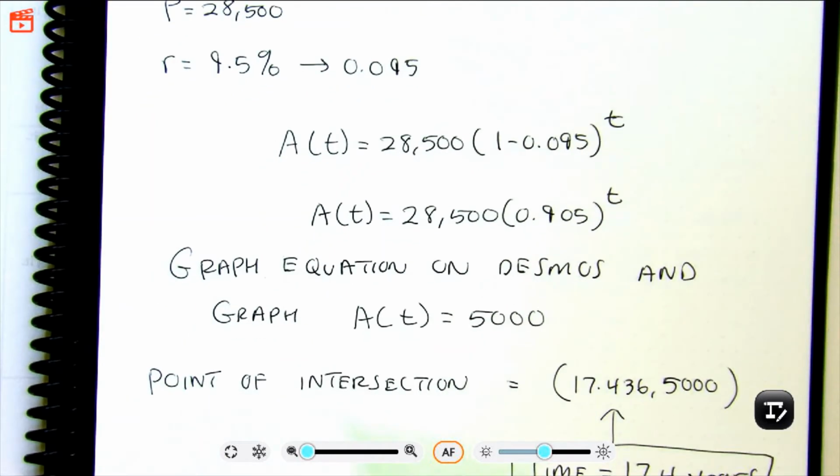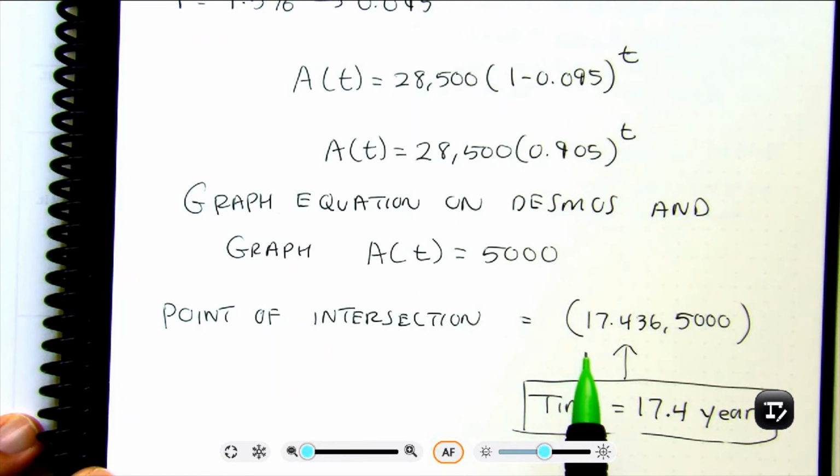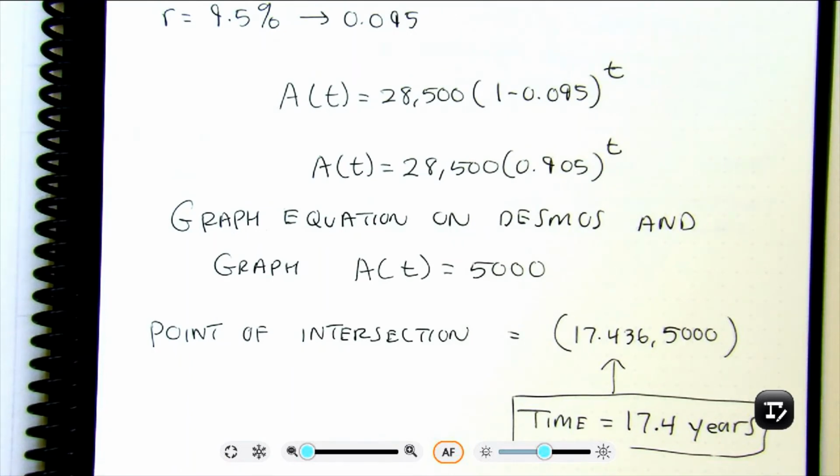So I know we have the solution already, but I just want to show you guys how to type this on Desmos to get your answer. So let me switch screens.